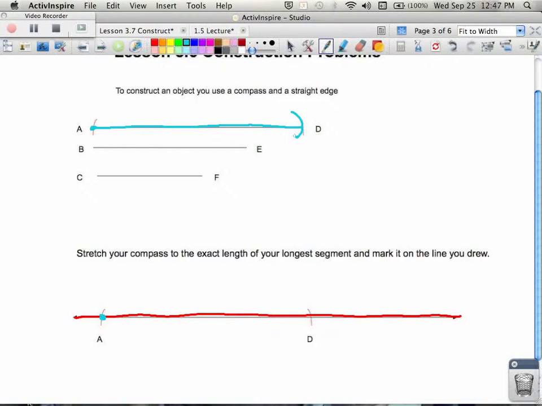Now, after I've done that, I go down below on the red line. I can see the compass point down there in the blue, and I have my compass already stretched out, and I make that arc. What you'll notice is that this part of that very long line you drew is the length of AD.